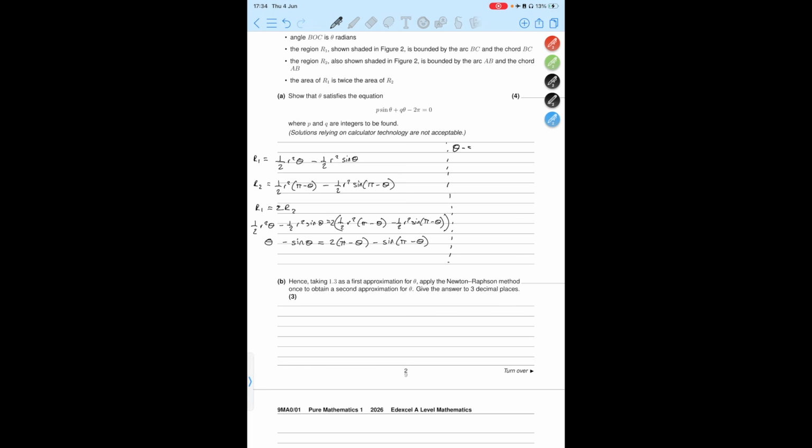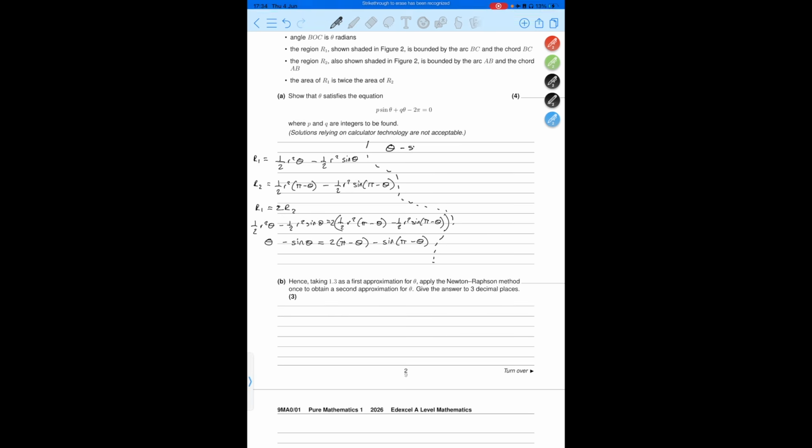So theta minus sine theta is now 2 pi minus 2 theta. Now we're going to use the double. Oh man, this isn't going to fit. Okay, bear with me one second. Let's just go like this. Hopefully now this fits. Yeah, that should fit now. Okay, so I'm going to follow on from the bottom line there.